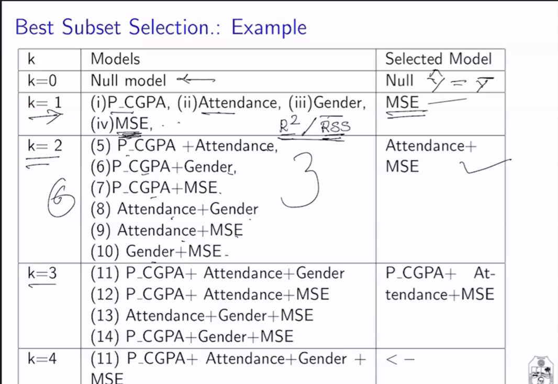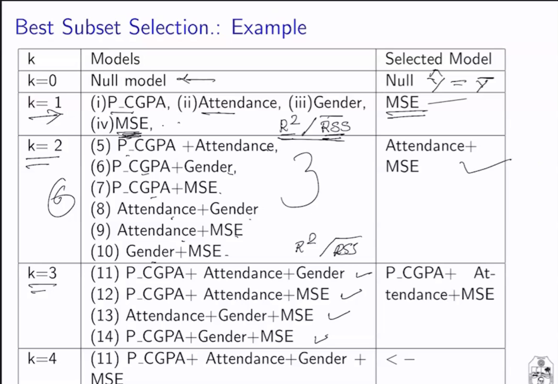In the third iteration, you are going to generate all those models which contain three input variables. The generated models are CGPA, attendance plus gender; CGPA, attendance plus MSc; attendance, gender plus MSc; CGPA, gender plus MSc. Again, out of these four models, you are going to select only one, and the criteria that you are going to use is R square or the RSS.